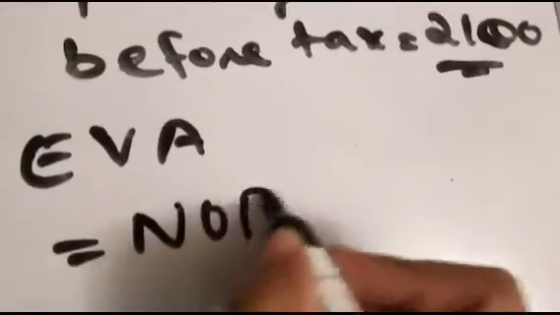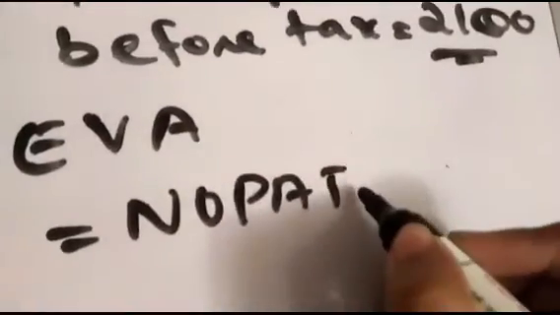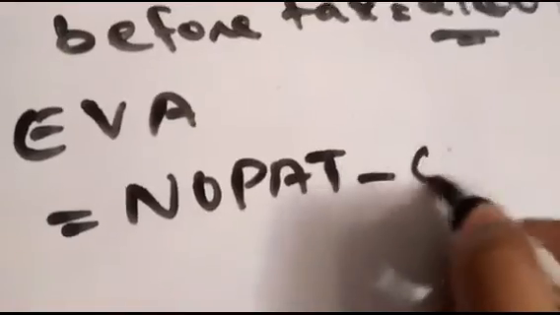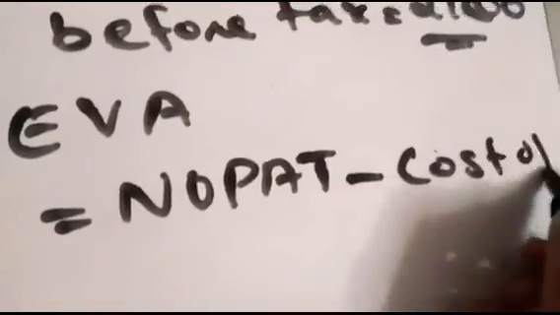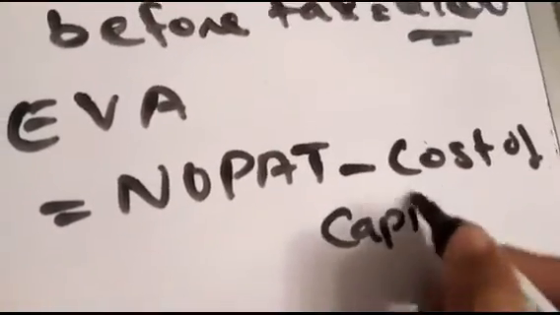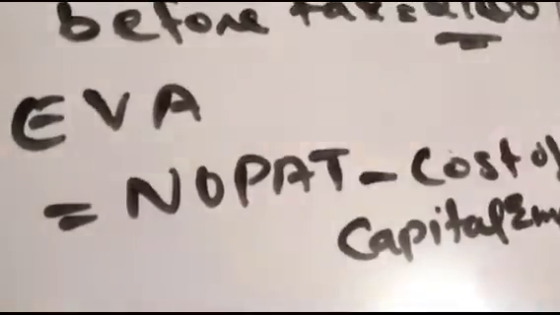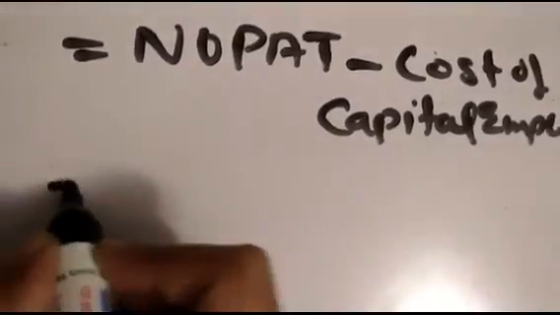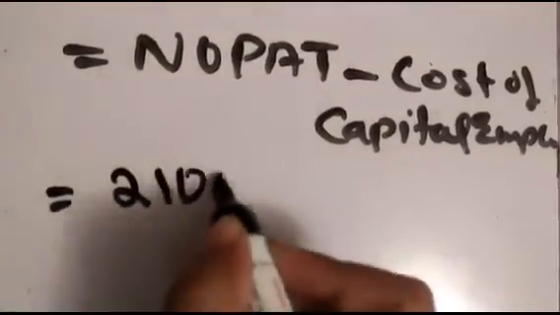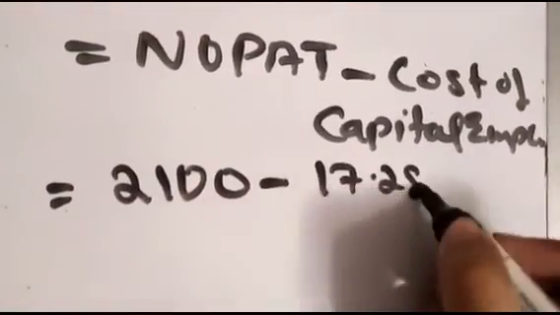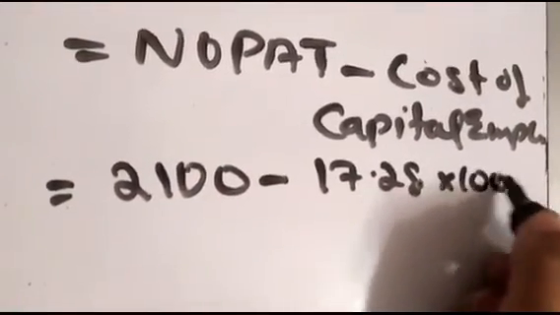So we all know EVA is equal to NOPAT, that is net operating profit after tax, minus cost of capital employed. So that is equal to 2100 crore minus 17.28, that is WACC, into 10,000 crore.